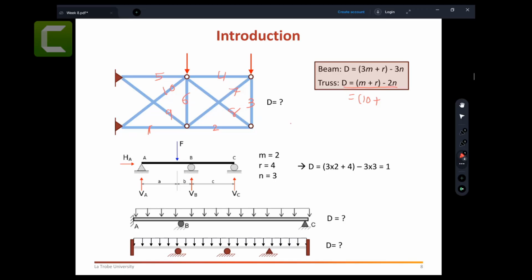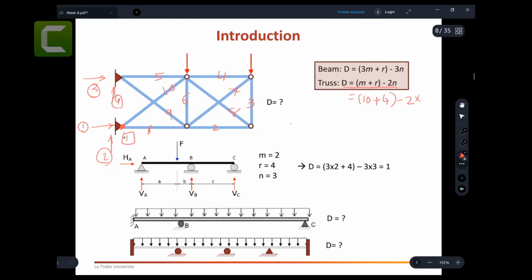How many reaction forces? Reaction force number 1, 2, 3, 4, right? Because a pin support has 2 reaction forces. So there are 4 reaction forces. Take away 2n. How many joints?